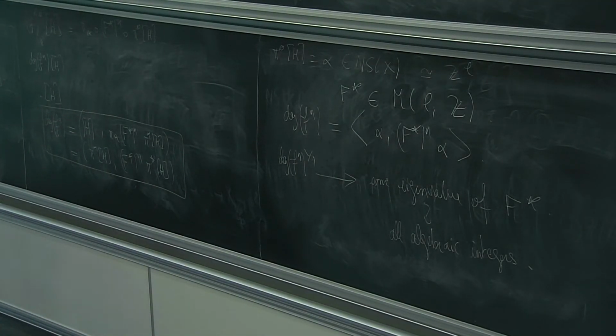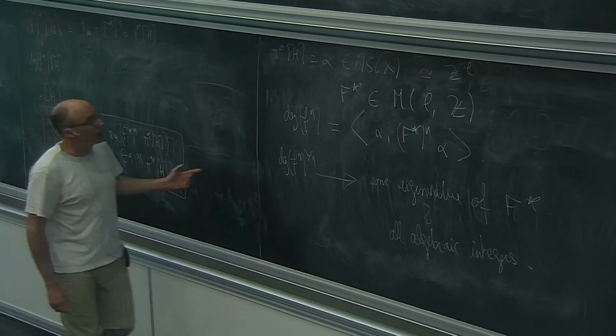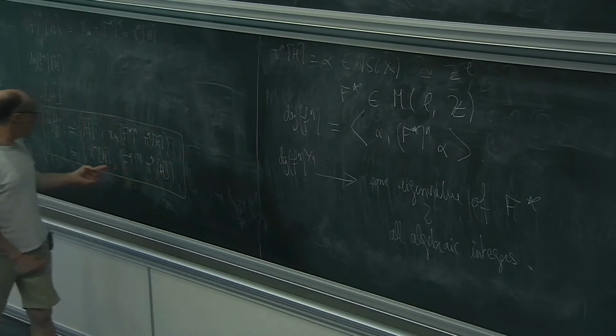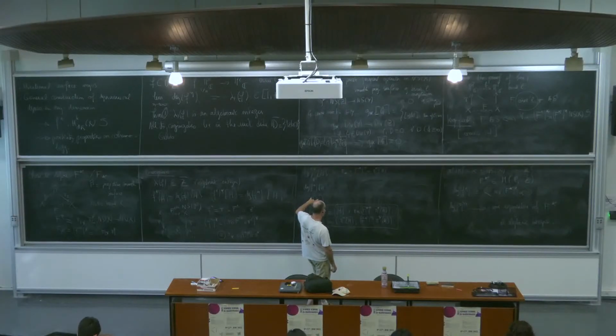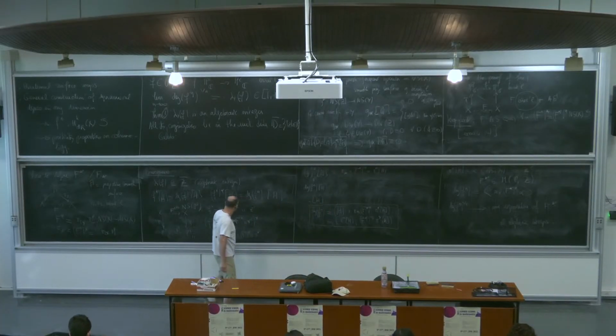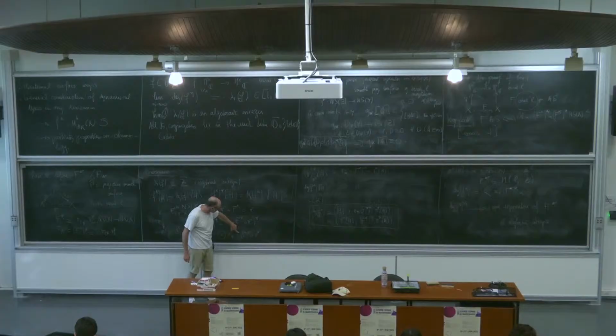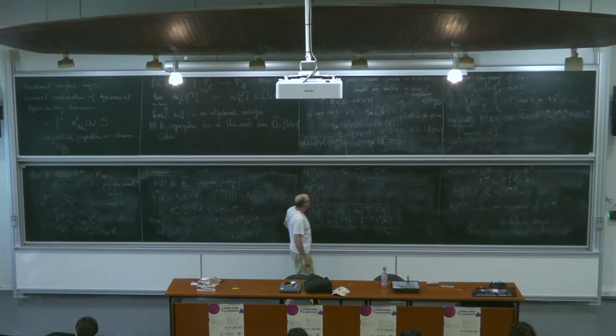But at least just because of the fact that f is algebraically stable, and you can interpret this f, where is it? Here. The pullback of Fn is equal to the nth iterate of the pullback of f.